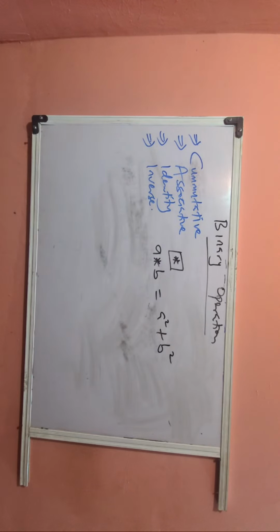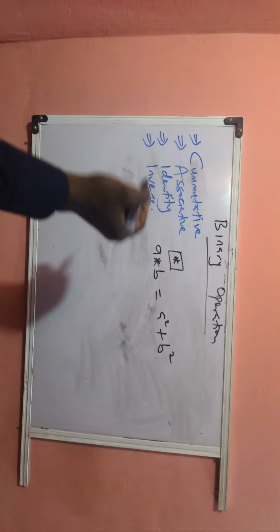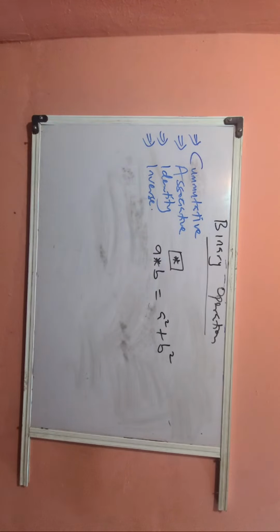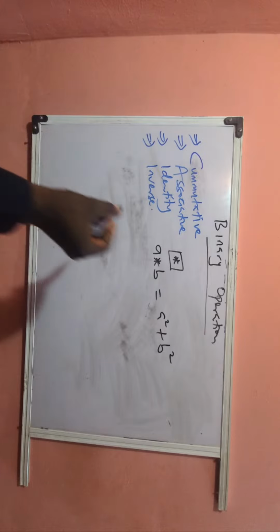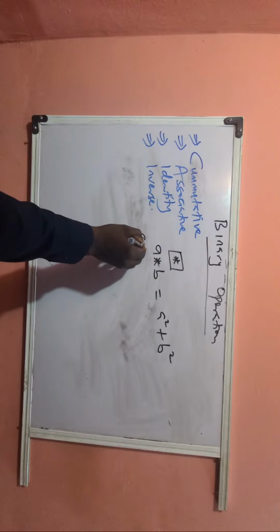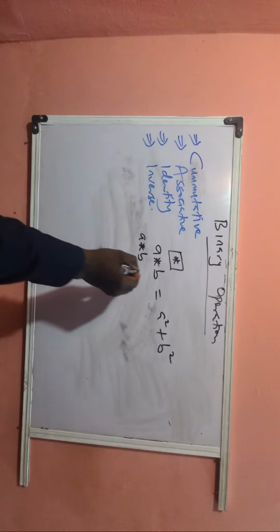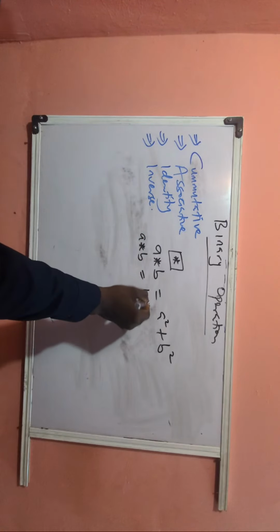Now, if you are told to investigate if this binary operation is commutative, all they're asking you is, does a star b mean b star a?